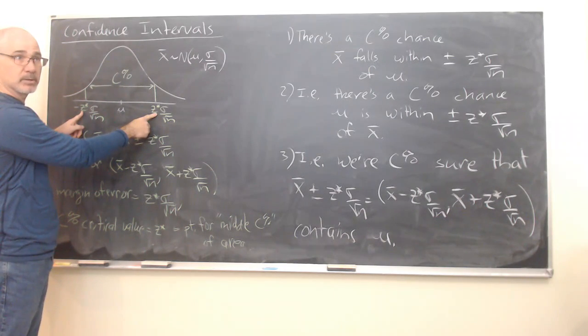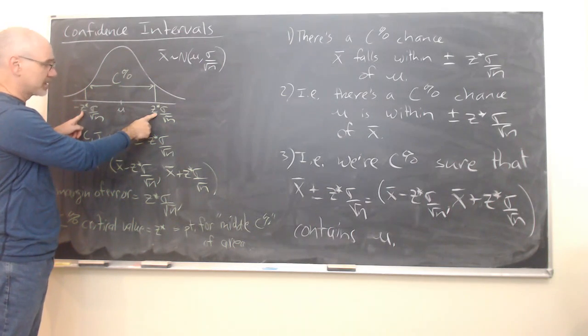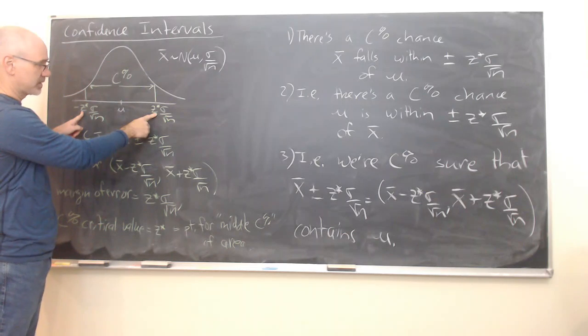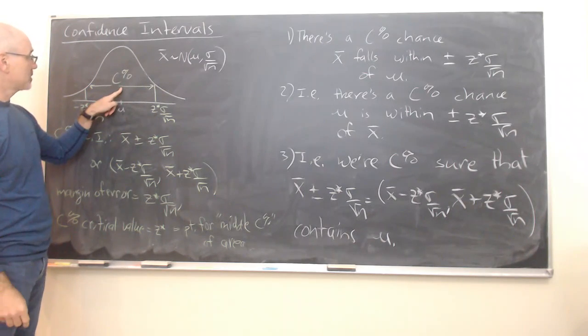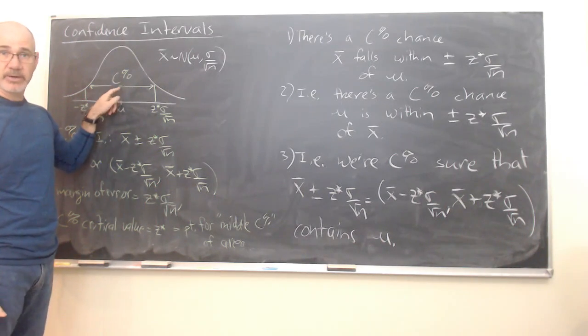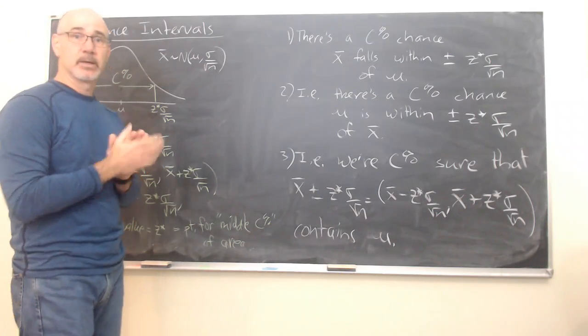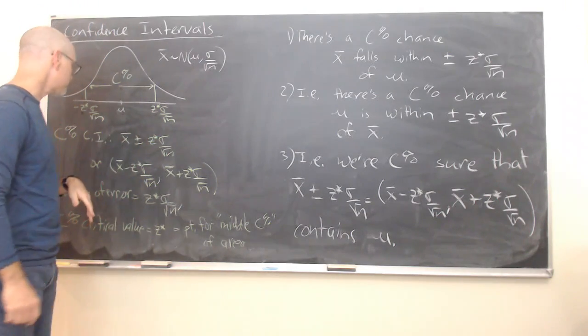This is what we're going to refer to as the critical value in our confidence interval, but it's not new. All z star does is it tells you how many standard deviations away from the mean you have to be so that you have c% of the area of your distribution over that range.